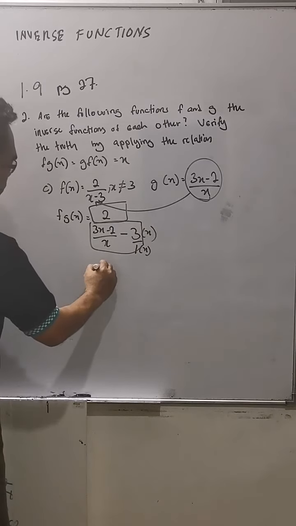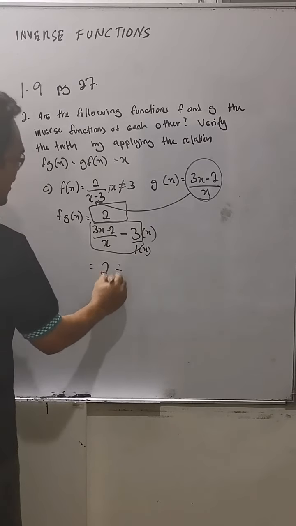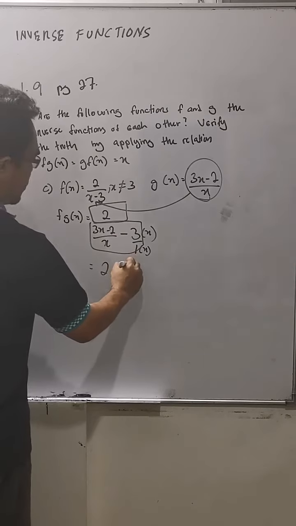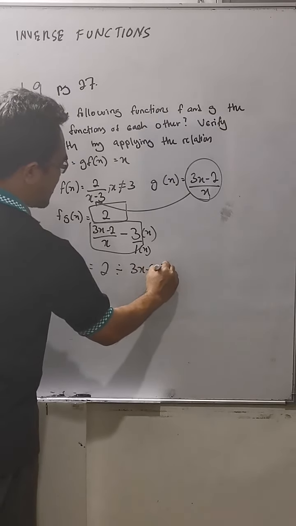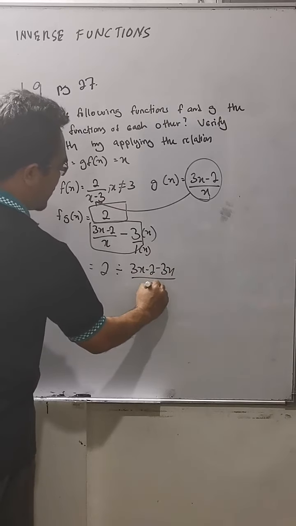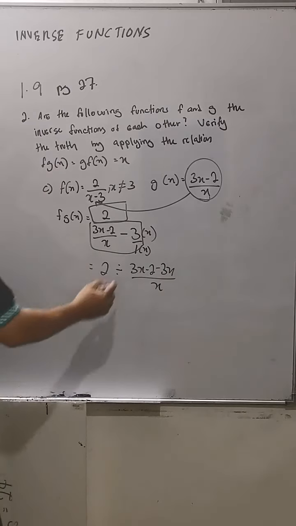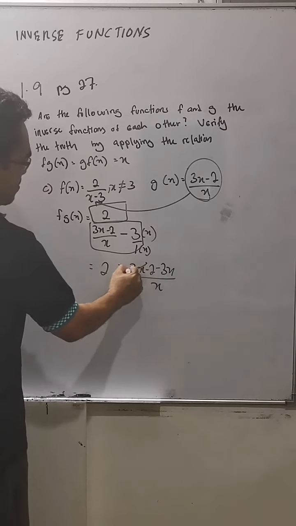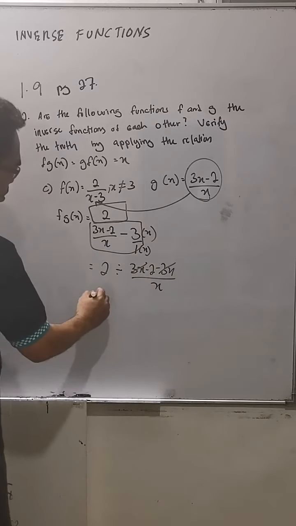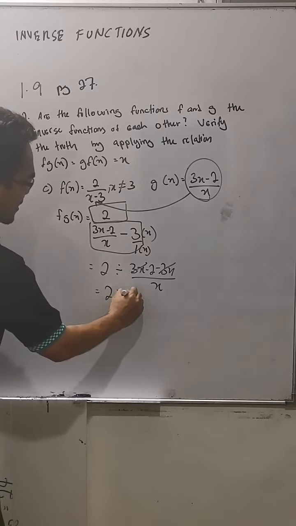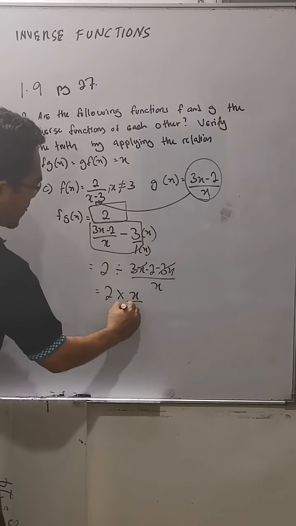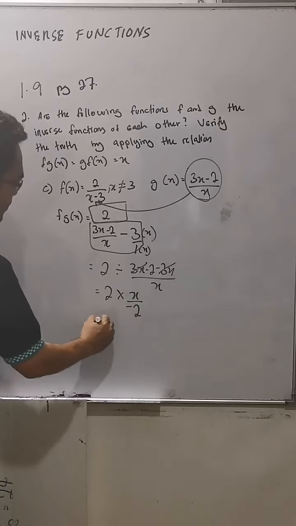So we have 2 divided by this thing, 3x minus 2 minus 3x over x. Okay, so 3x minus 3x will be 0. So here it becomes 2 times x over negative 2.